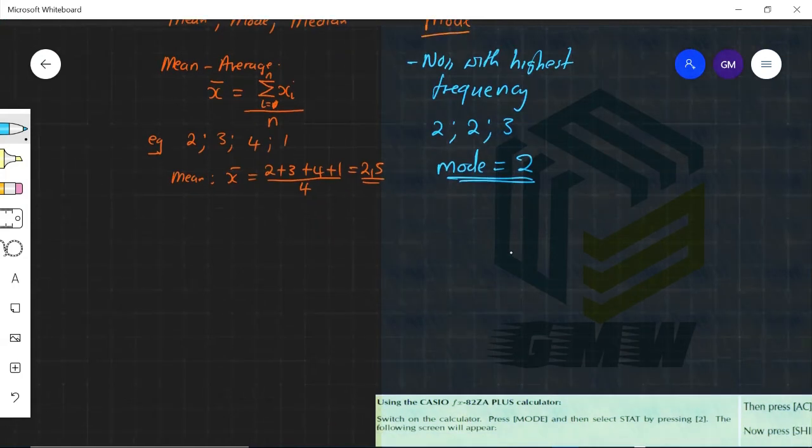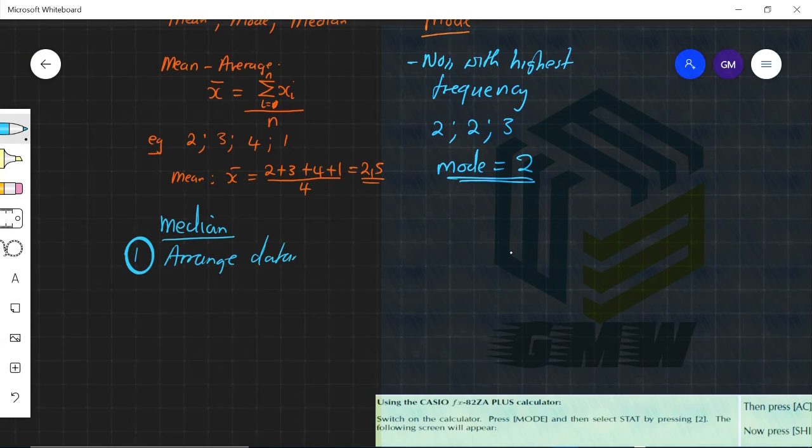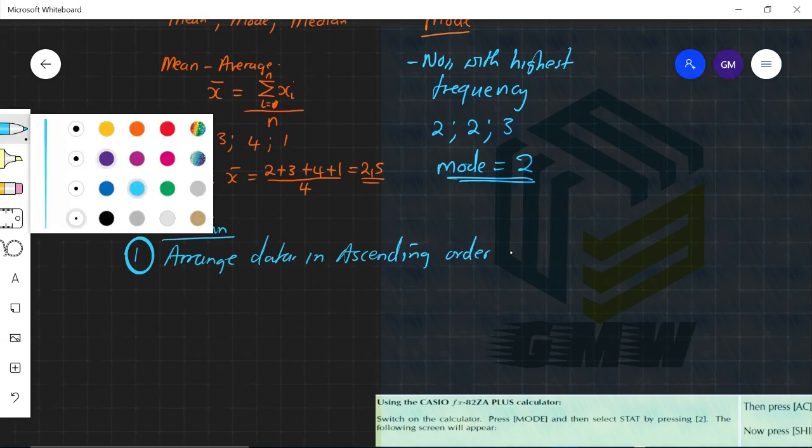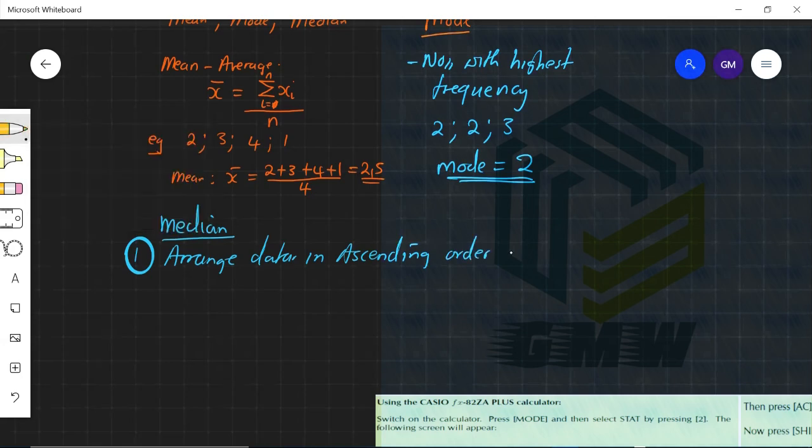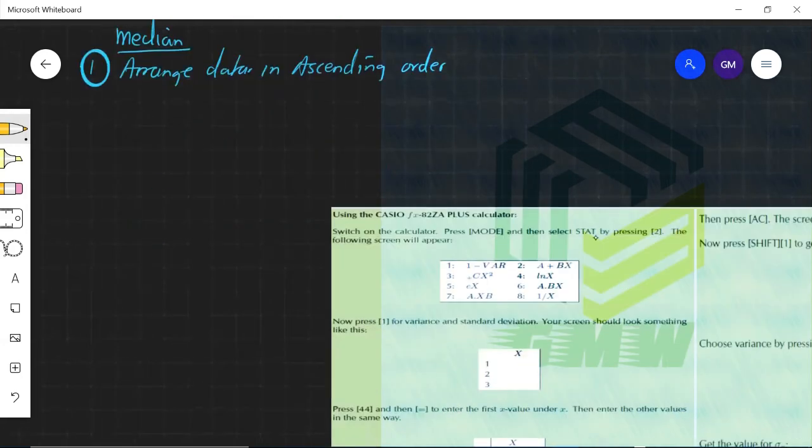Then we have the median. When we speak about the median, the number one thing to do is arrange the data in ascending order. Do you know the meaning of ascending order? From smallest to largest. Agreed? Okay, good.